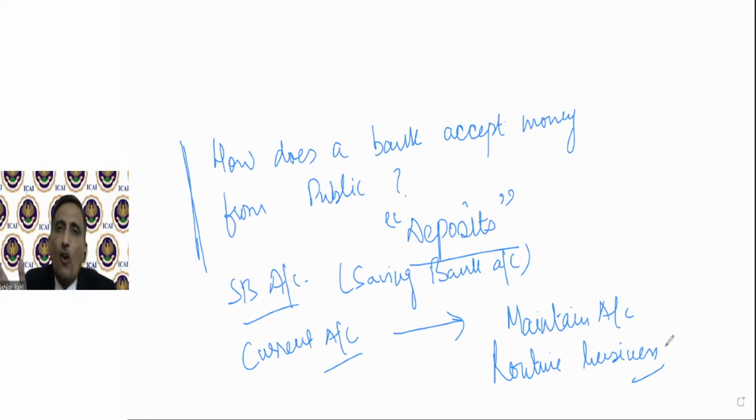So this is called a current account. And a savings account is not for business purposes, it is for individuals. Okay, so like I am having a savings account with say XYZ bank.